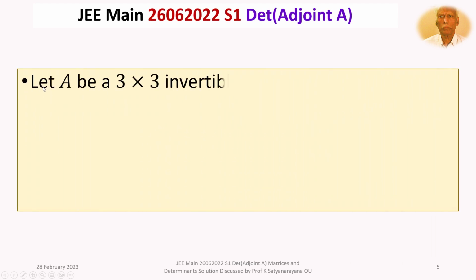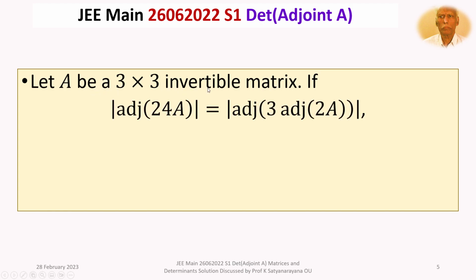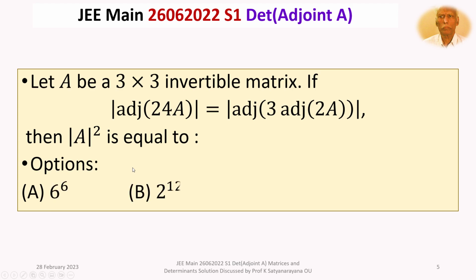The given question is, let capital A be a 3 by 3 invertible matrix. If the determinant of adjoint of 24A is equal to the determinant of adjoint of 3 times adjoint of 2A, then determinant of A square is equal to, we are given 4 options.